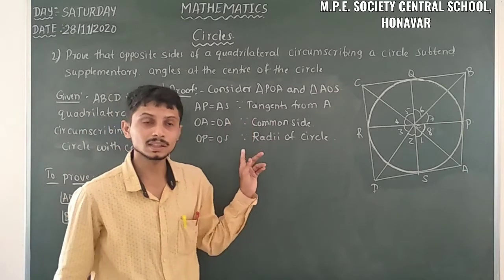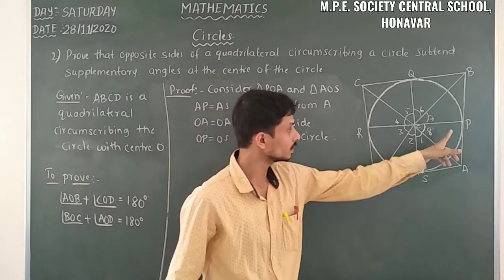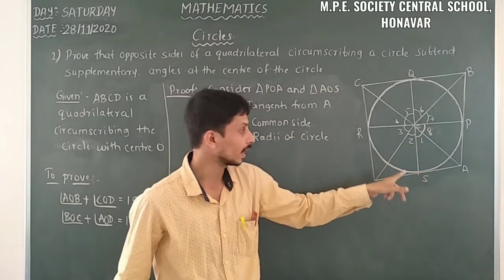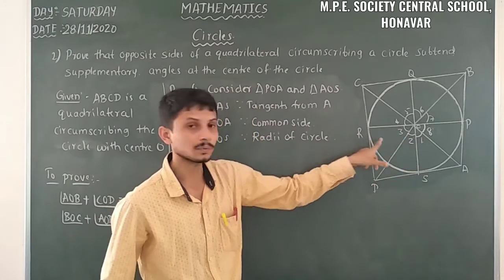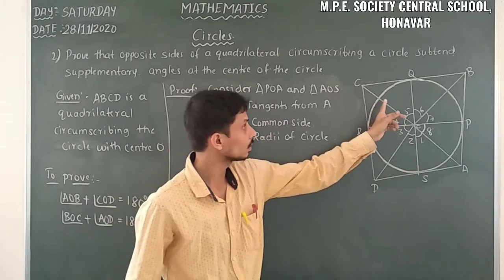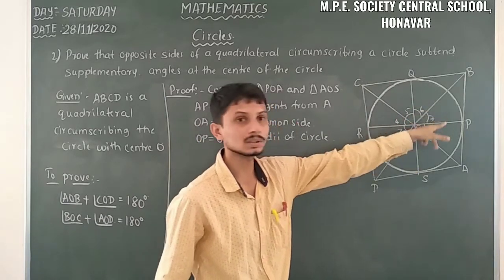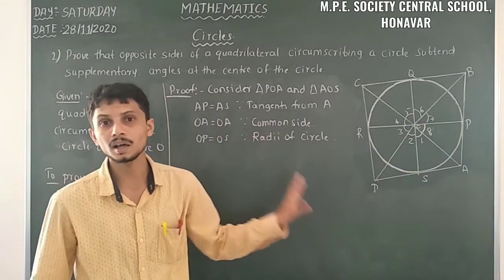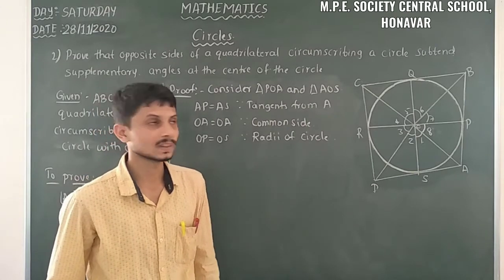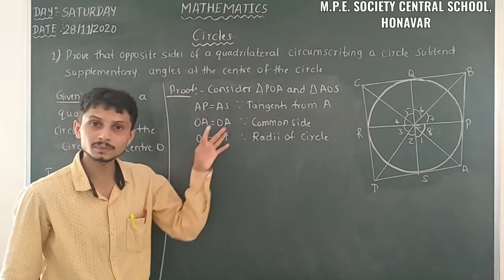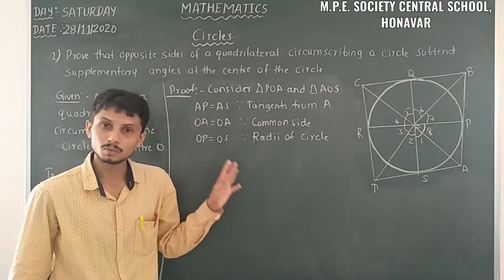Yes, here we have three equalities, and here we have OP is equal to OS for those two triangles, and here OS and OR for these two triangles, and OR and OQ for these two triangles, and OQ and OP for these two triangles. Those are one and the same. Yes. So here we have three equalities. From three equalities we can take the congruence rule.